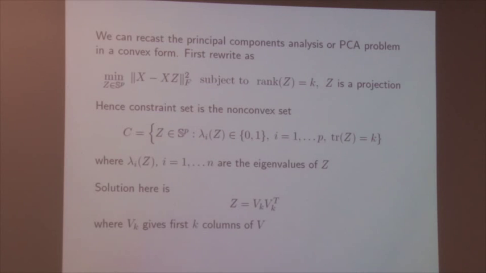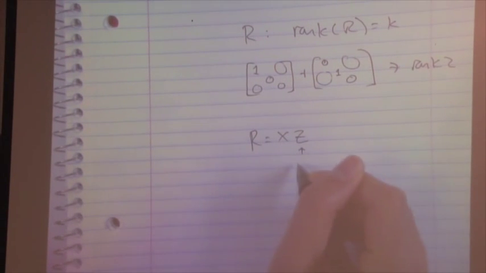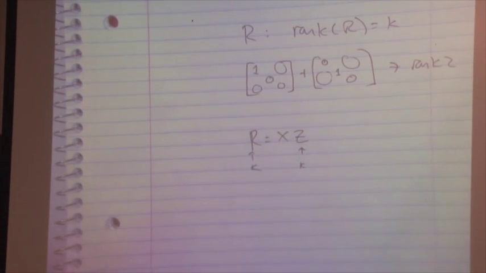So if I express our original problem like this, what I want to say is I want to find a z that projects x in such a way that x's original form is somewhat retained, right? We still have our least squares loss. And controlling the rank of z is actually sufficient, right? If r is xz, then controlling the rank of z will still get me k for r, okay?